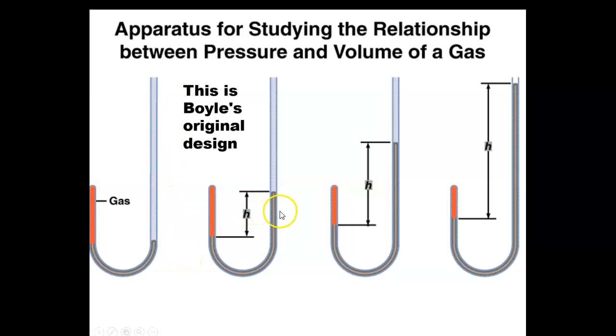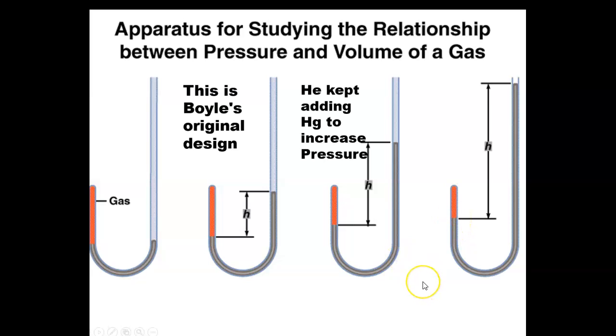Now, Boyle then added mercury and increased the height, and you'll notice that the height of the gas column, and therefore the total volume, has decreased. Adding more mercury decreases the volume of the gas more, and finally here we see a very tall column of mercury pushing on the gas. And so as he added mercury, he increased the pressure and decreased the volume of the gas. As pressure increases, volume decreases.